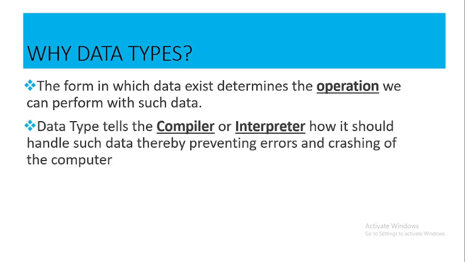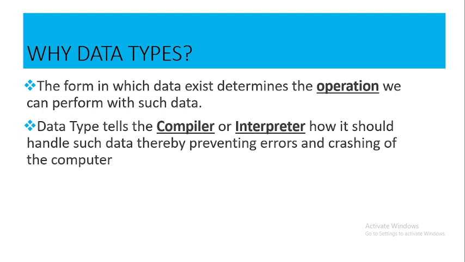So data type actually instructs the compiler or interpreter how it should handle that particular data, thereby preventing errors and possible crashing of the computer. So when we give the set of instructions to the computer to follow, the data types we define in this set of instructions actually instruct the compiler or the interpreter on how it should handle such data.